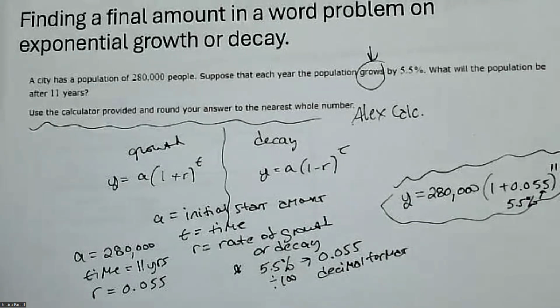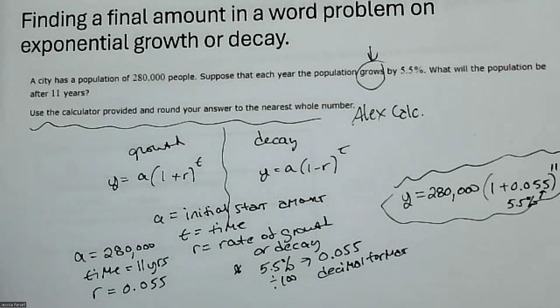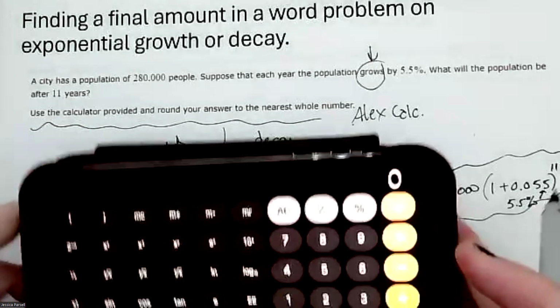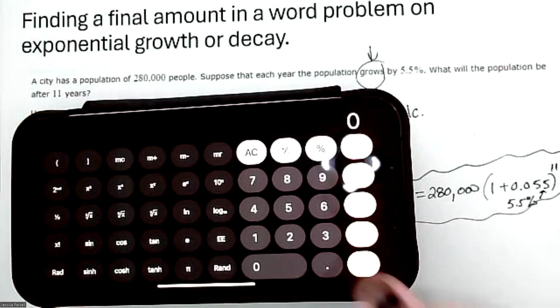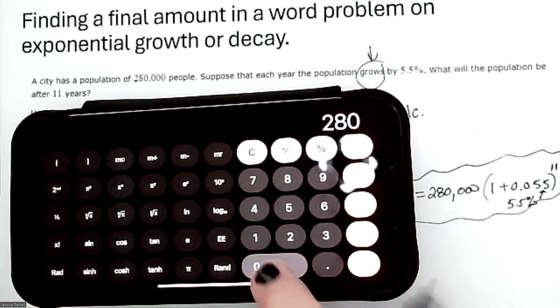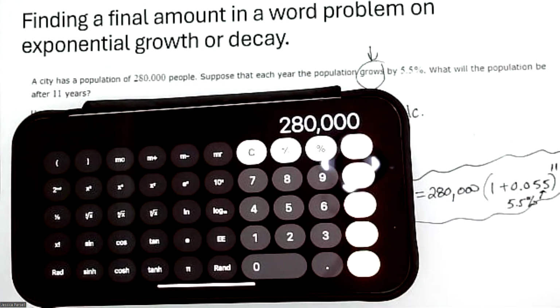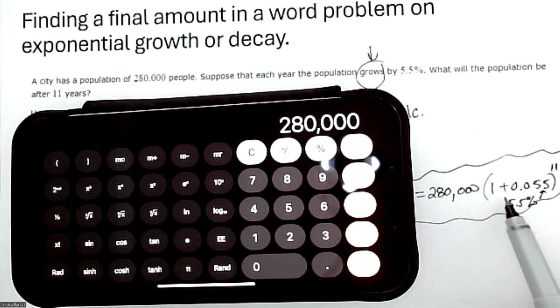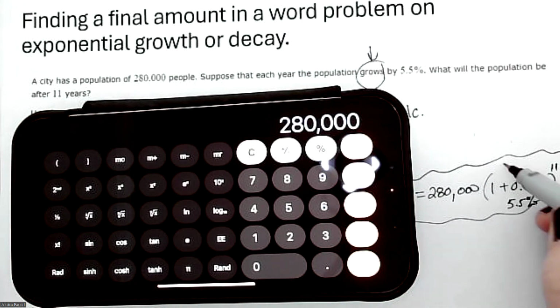So I'm going to start with using the calculator on my cell phone. I'm going to turn it sideways. Hopefully it's going to turn for me. Okay, so I'm going to do 280,000, multiply, and then let's add this together: 1 plus 0.055 becomes 1.055.